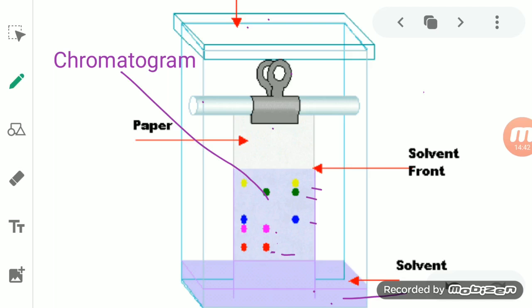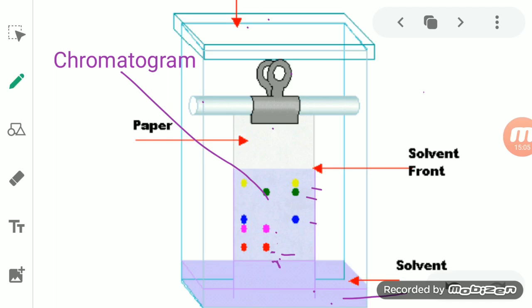It means the ink which we had put 3 centimeter from one end of the paper is basically composed of 5 different dyes mixed in it.